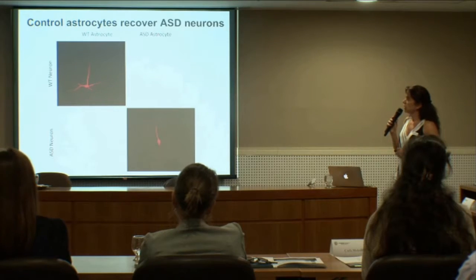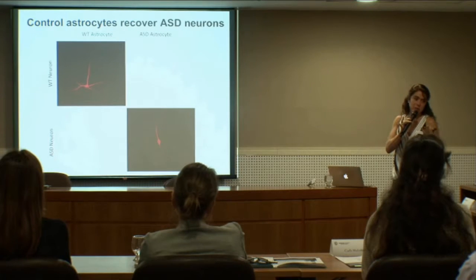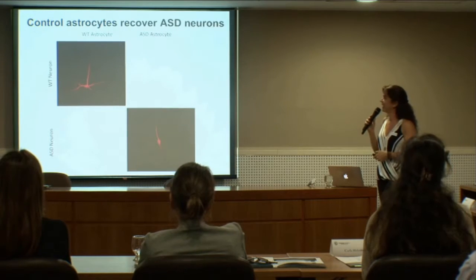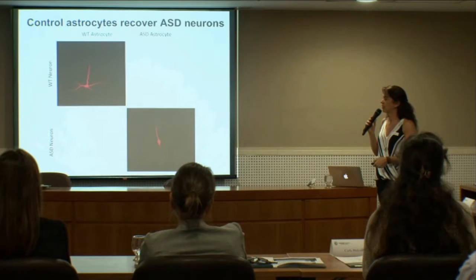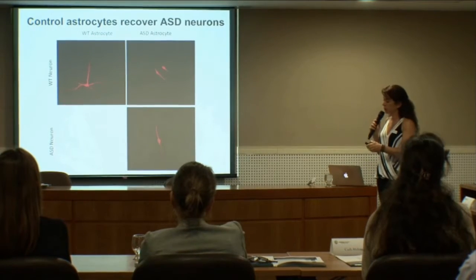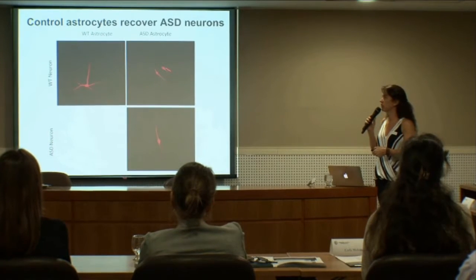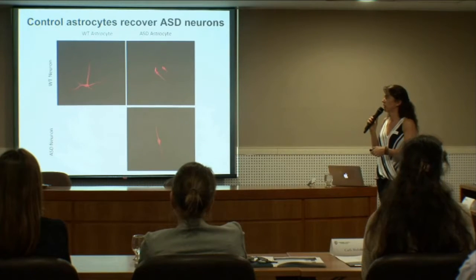When you use autistic astrocytes, I would say autistic, right? It's not autistic, but just to understand. And with autistic neurons, we have this kind of morphology, more simple. And when we just use the normal neuron with autistic astrocyte, we have this kind of phenotype.